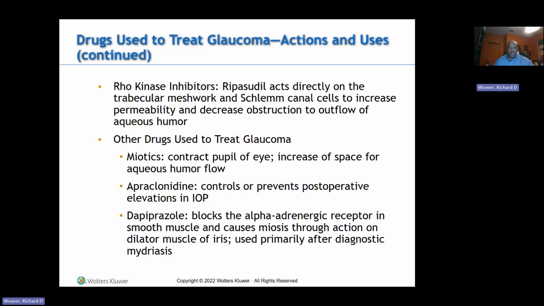And so this drug is used just to reverse that, because sometimes we have to dilate the pupils of patients. Ophthalmologists or optometrists dilate the pupils in order to examine the inner structures of the eye itself. All right.